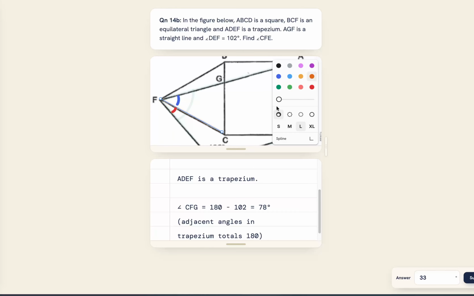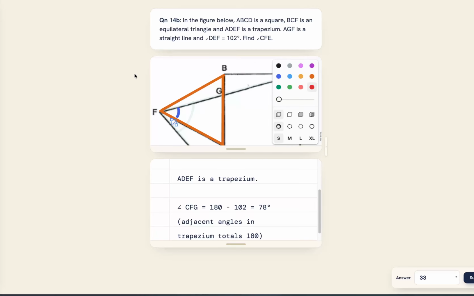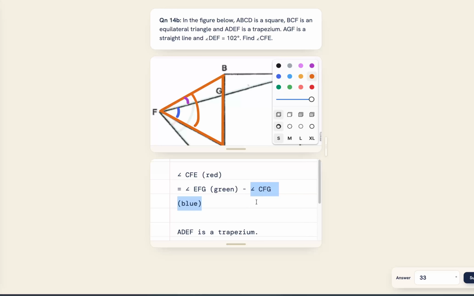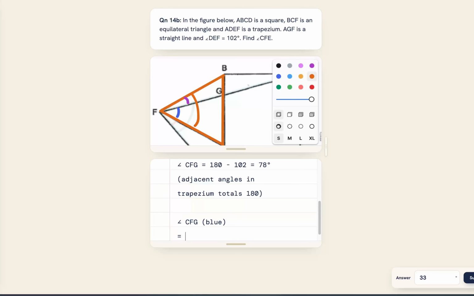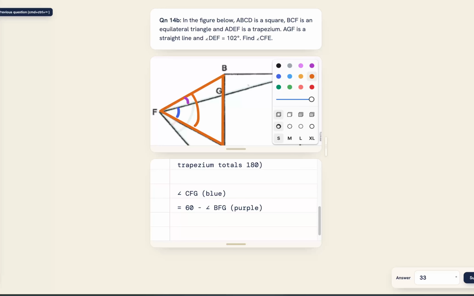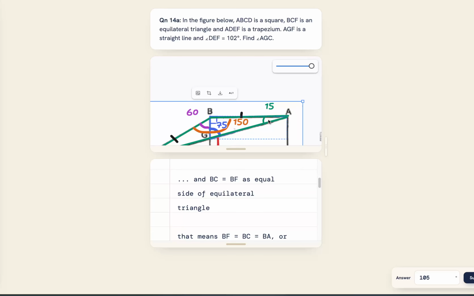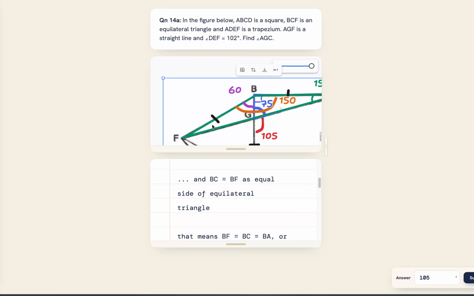For this blue angle, we know that ABCF is an equilateral triangle. So we need to find this other angle, BFG, and then minus it from 60. So angle CFG in blue is equal to 60 minus the purple one, BFG. In the earlier question, we were able to get BAG, which is also the same as BFG.